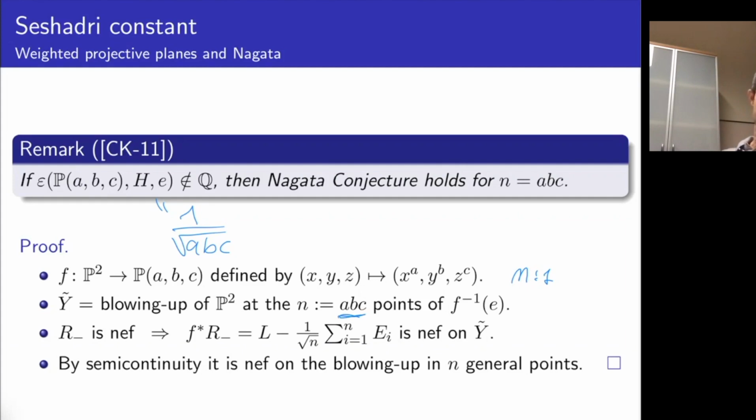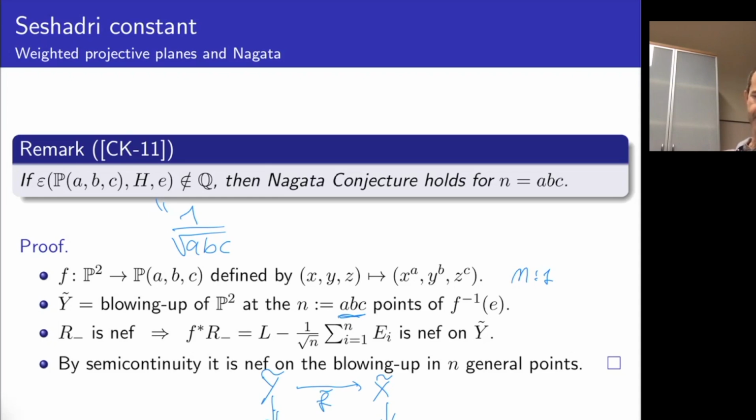Indeed, we have this commutative diagram: P2, and the weighted projective plane. Here we blow up the weighted projective plane at a general point E. Over E we have n points, and we blow up P2 at this bunch of points. We can close this diagram. Let me call F tilde this map.